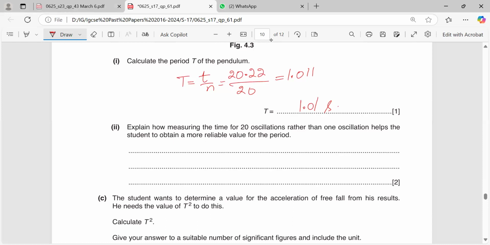So it gives an average answer, and the error spreads over 20 oscillations.